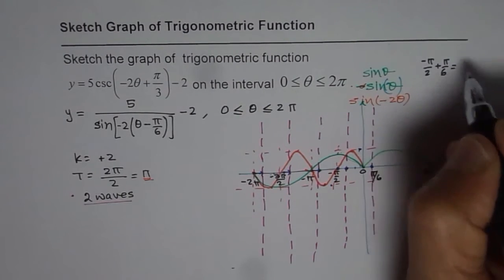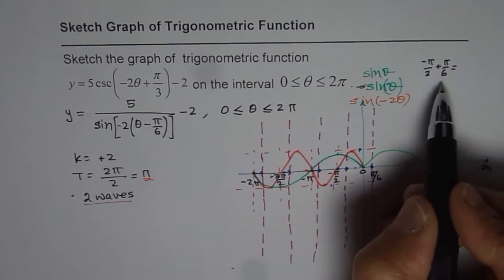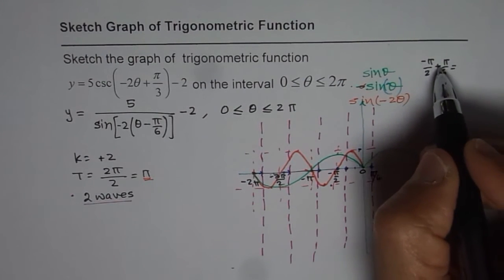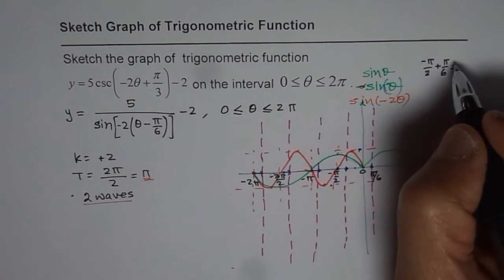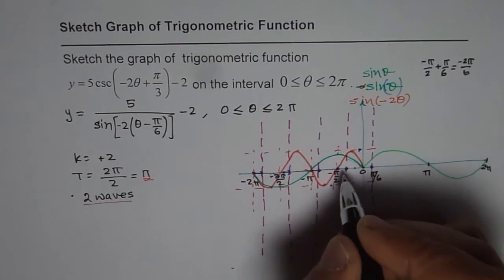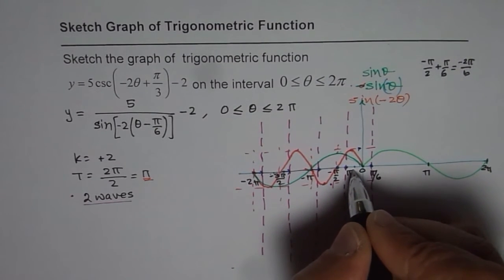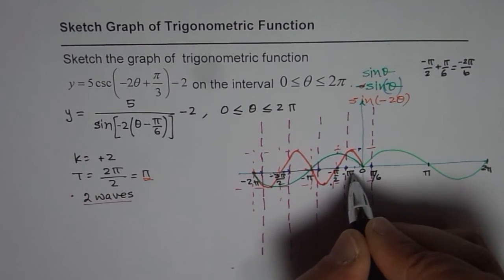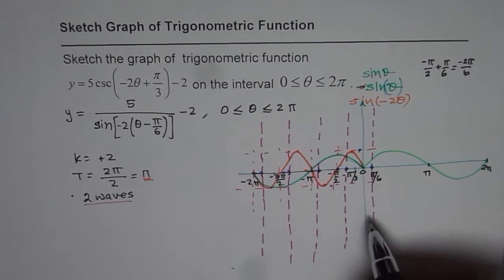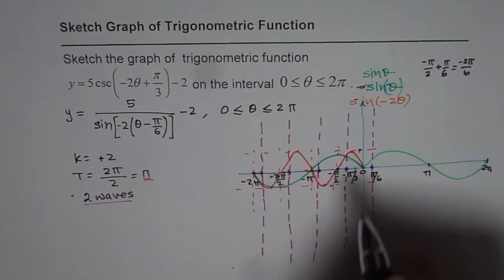When you multiply this by 3, minus 3 pi plus 1 will give you minus 2 pi by 6, or pi by 3. So this will be at minus pi by 3. Anyway, we will write the equation for these vertical asymptotes just now.